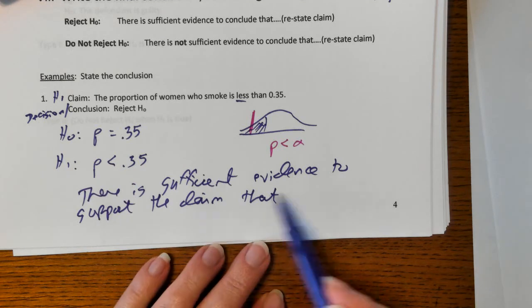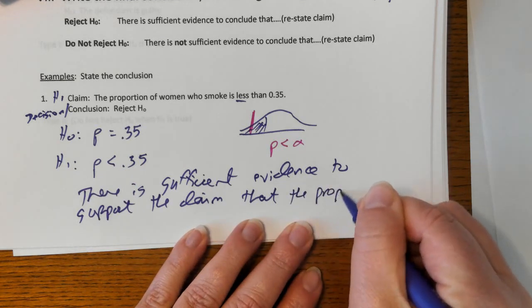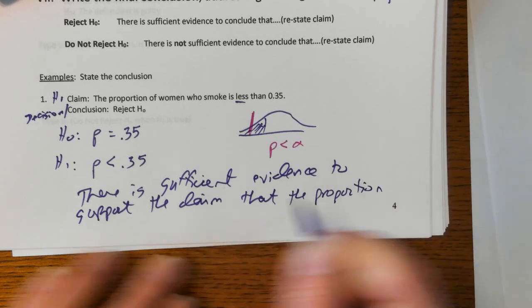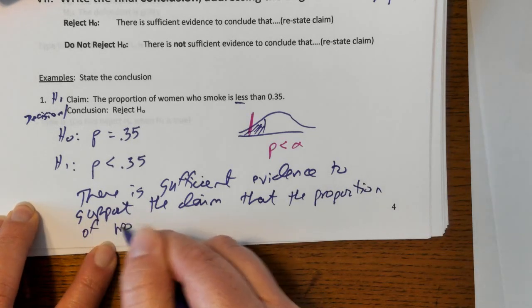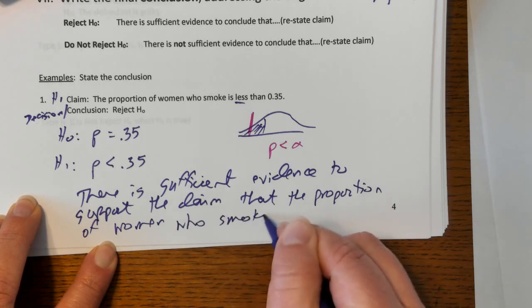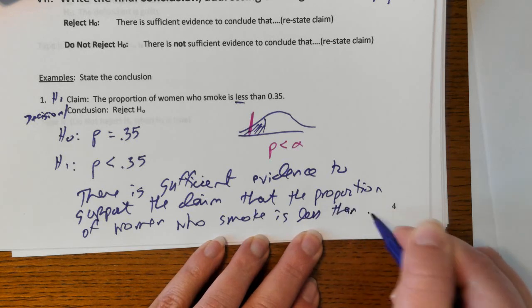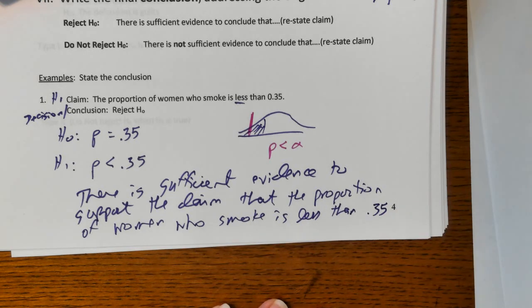So there is sufficient evidence to support the claim that the proportion of women who smoke is less than 0.35. We had evidence to support it.